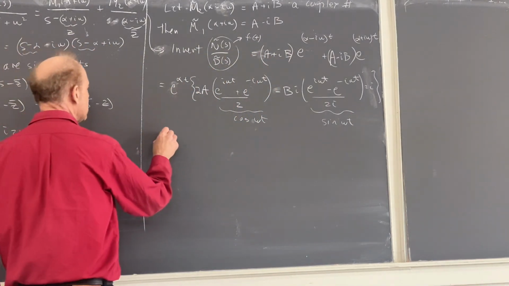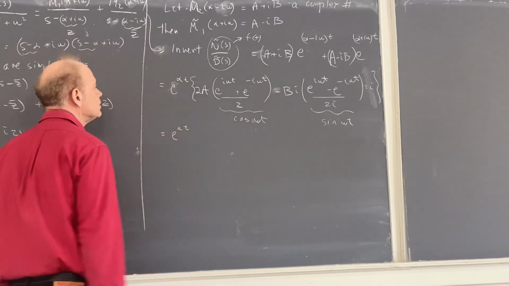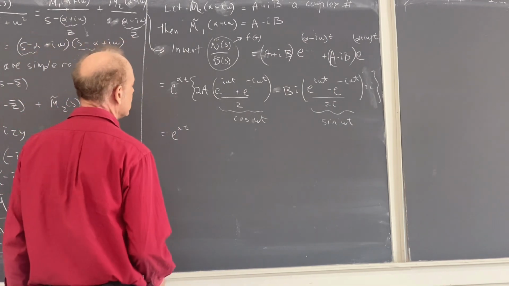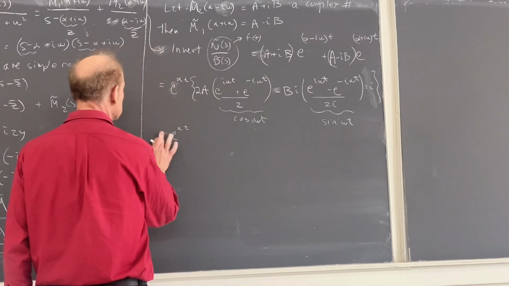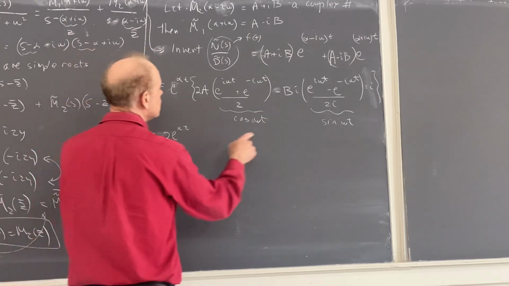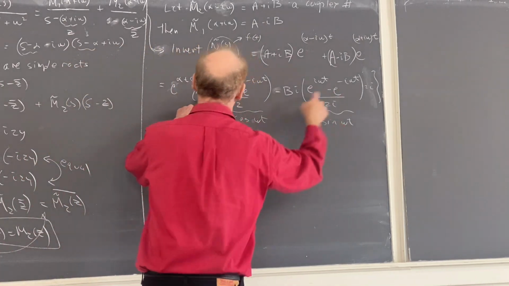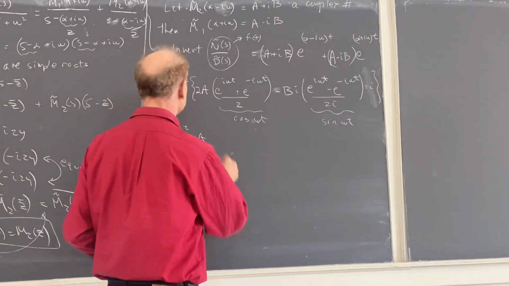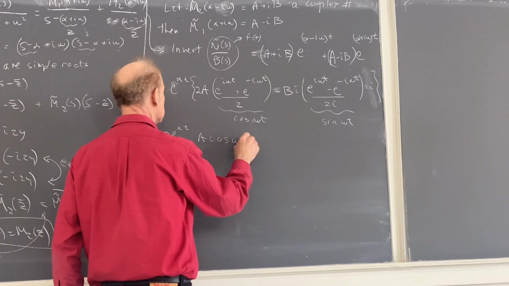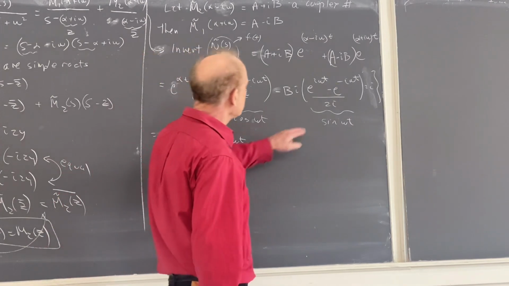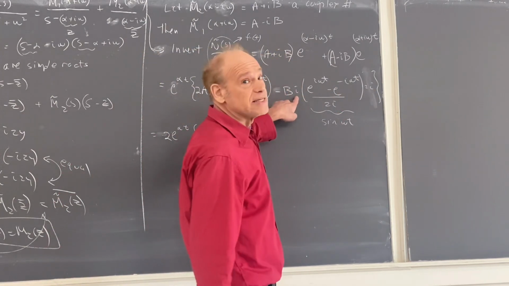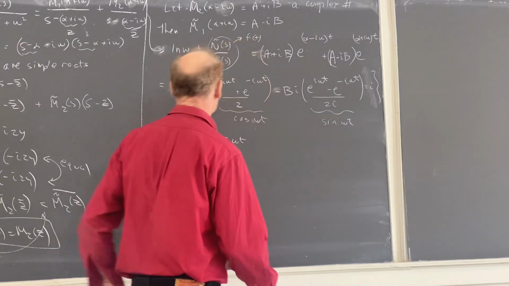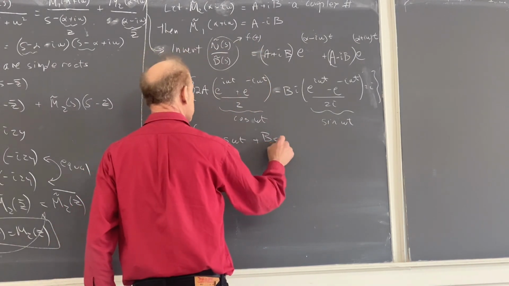So I have e to the alpha t times, well, I've got a 2, because I can factor out a 2. And here I have an a cosine omega t. And here I have an i times an i is a minus 1, times another minus 1 is a plus 1. So I have plus b sine omega t.